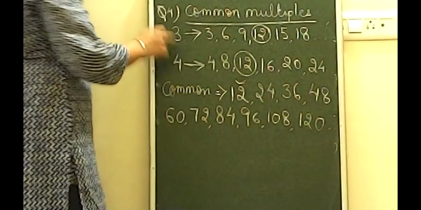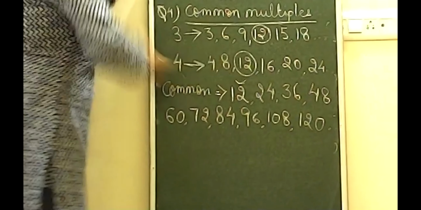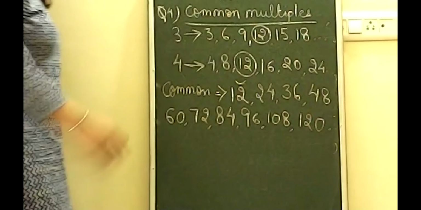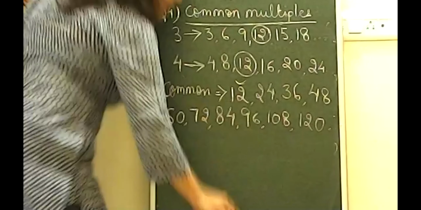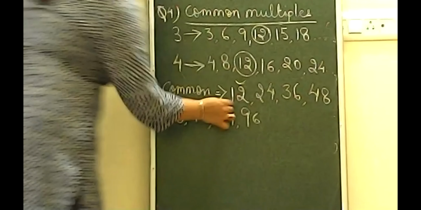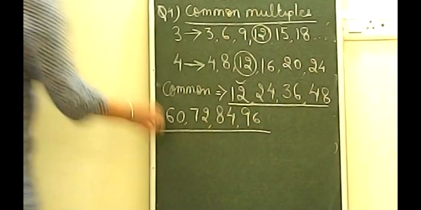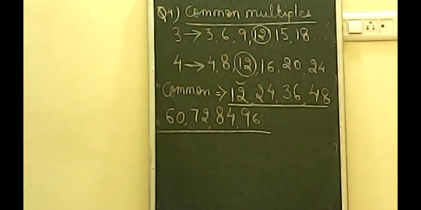So remember, it is very easy to at least get one common multiple, and after that we will extend the process as much as we want. Now we want only less than 100, so we can just remove these two and we will have the answer of this particular question, question number 4.